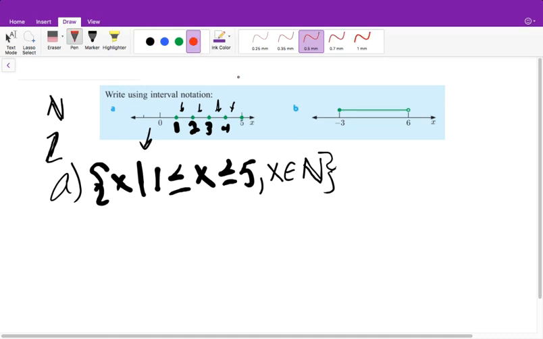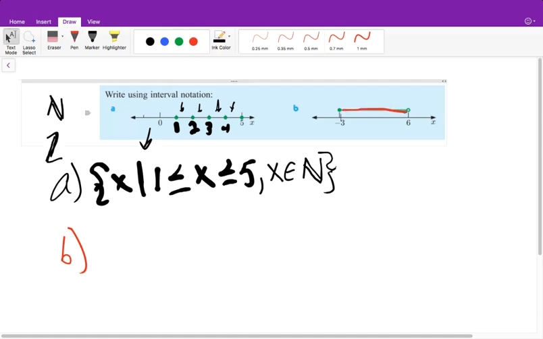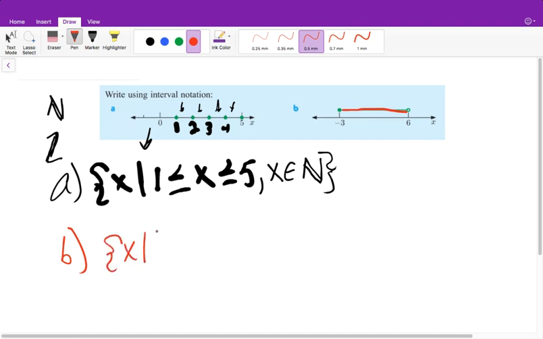Now for B, I'll write it right underneath. Same thing here. Now since the line's going from -3 to 6, which is exactly the problem that we just did before, since it's going from -3 to 6, that's including every number in between. So we're going to write the set of all x's such that we know it's including that -3. So we'll say x is greater than or equal to -3, and it's less than 6.